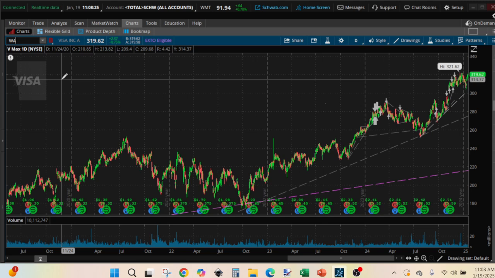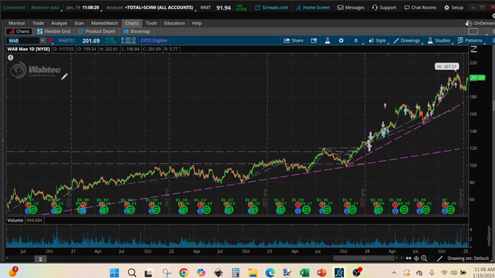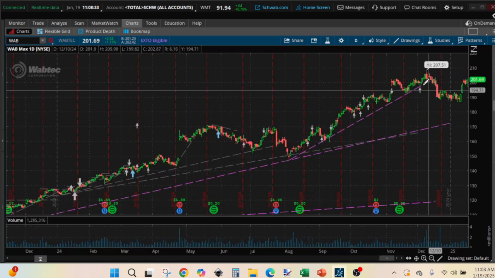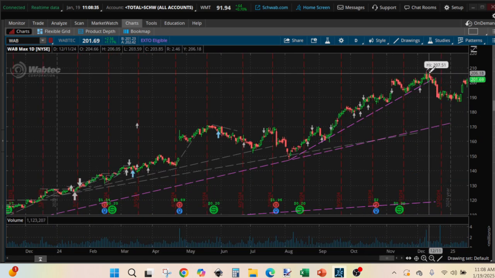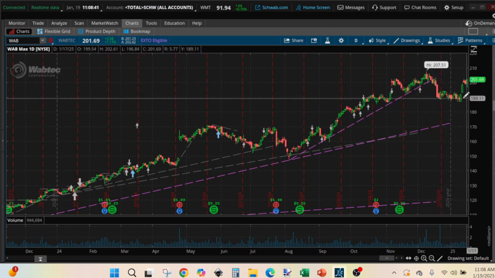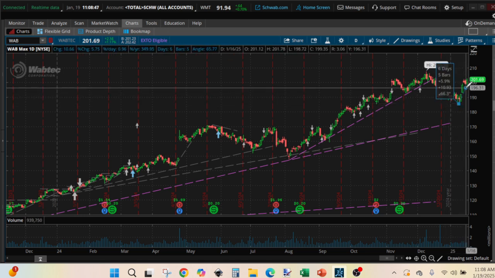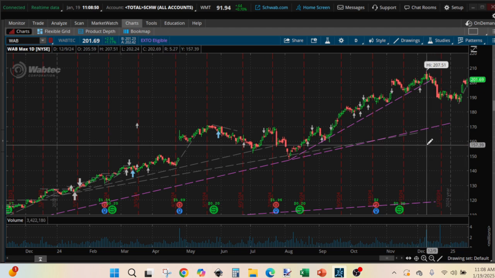So the next one is WAB. WAB, we have some in our portfolio, that's why it's highlighted. And we purchased it at this trend line. The price reached a high, and then that trend line ended. It pulled back, consolidated sometime here, and now started making higher lows, like an uptrend is forming there.